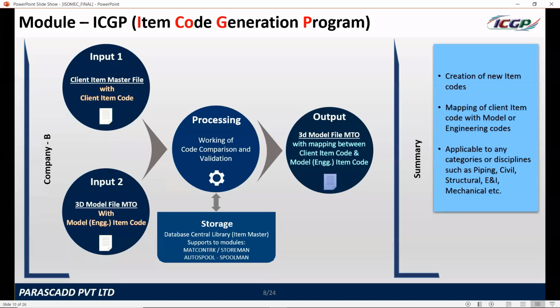The highlights are that we can create new item codes, we can map the client item code with the model or engineering code, and the main feature is that this software is not only applicable for the piping stream, but you can use it for other categories also, like civil, structural, electrical, and mechanical.